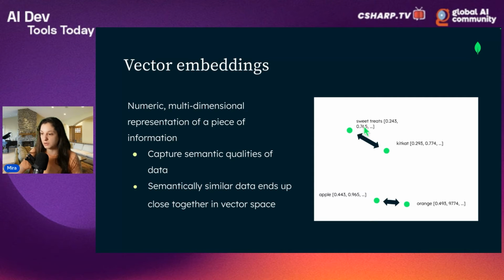So if we have our sweet treats and we compare this vector and we find the closest vectors around it, we should get back KitKat. Similarly, if we search for apple, we'll get this vector, we'll find the closest ones in the space around it, and we should get back orange and other fruit.